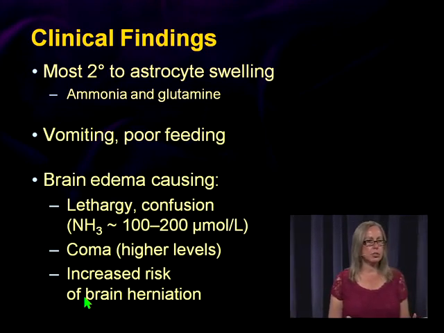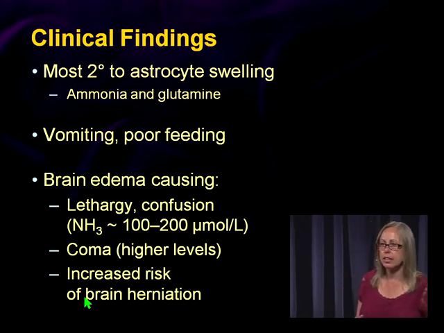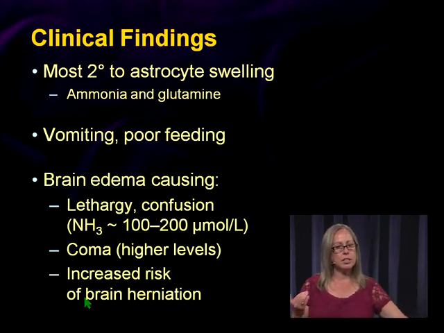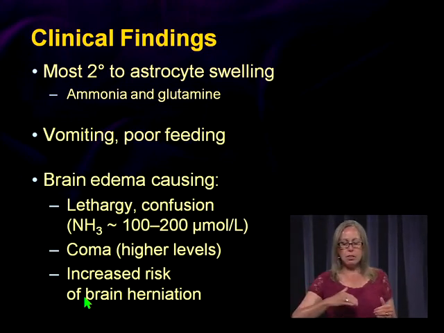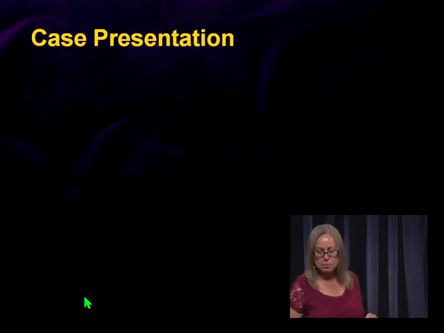Yes, and I bet you it's walked around the hospital for about 3 hours rather than going down on ice. So really, for the ammonia to be causing a problem, you need to get up over 100. That's the attention getter. As you keep climbing, you go into a coma, and then you herniate your brain.